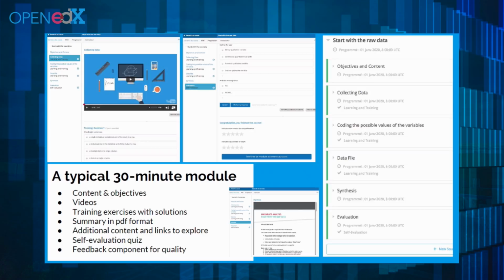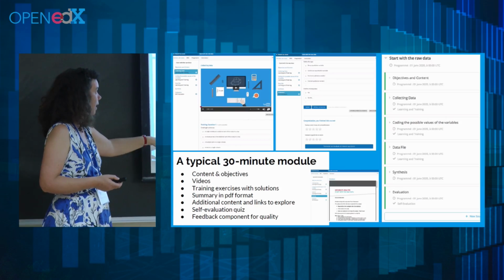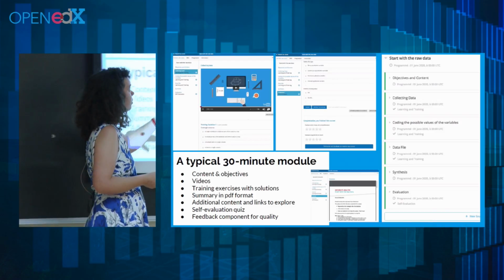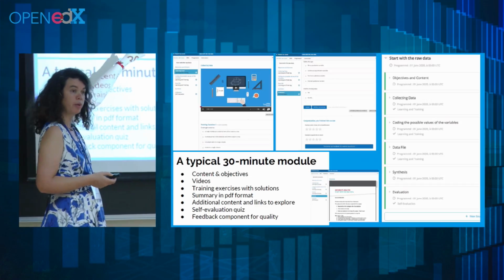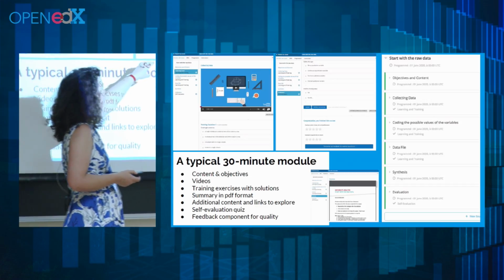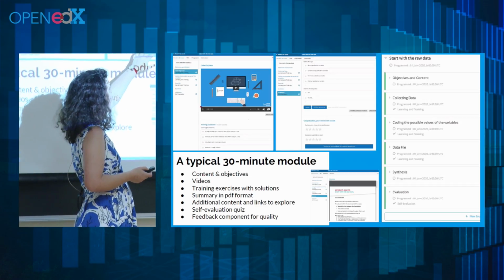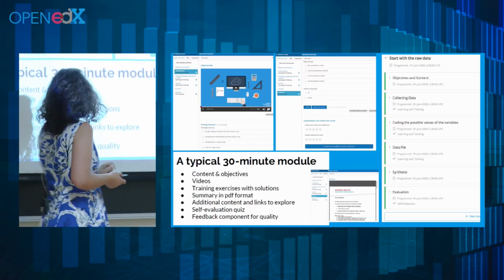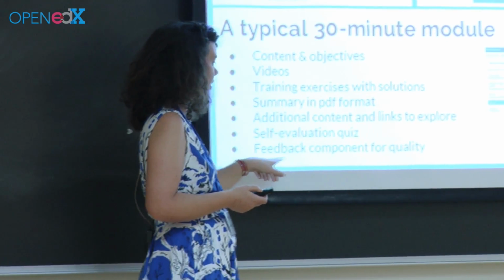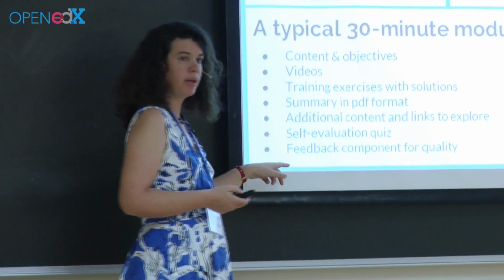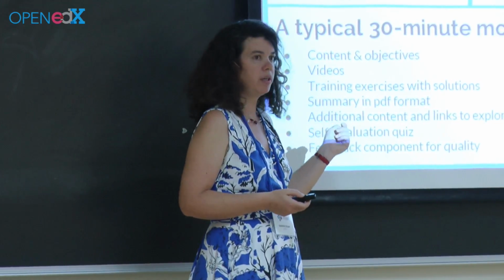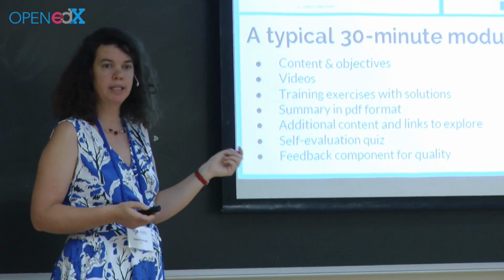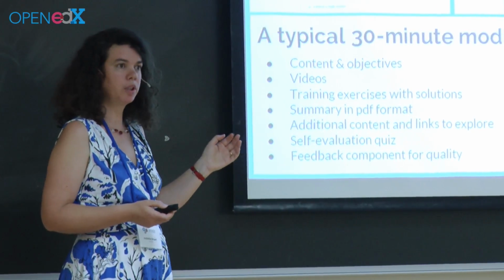Also, sometimes there is additional content with links to explore. And at the end, there will also systematically be an evaluation quiz, followed by this component here, which is for feedback. The feedback component is at the end of the quiz, and it will enable us to get some more analytics about it.